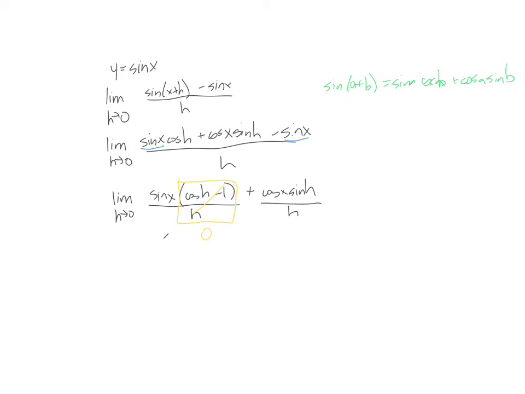So the first fraction would be sine x times 0, which just gives us 0. For the second fraction, sine h over h is equal to 1, so the second fraction will be cos x times 1. We end up getting 0 plus cos x. That means our derivative of sine is cosine.